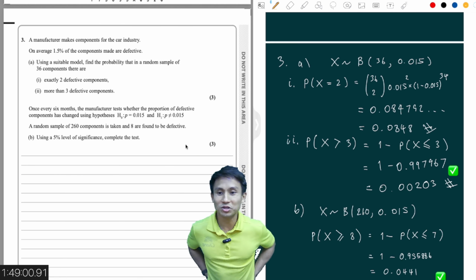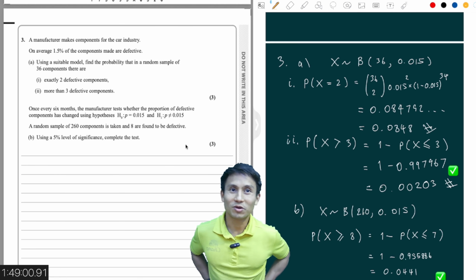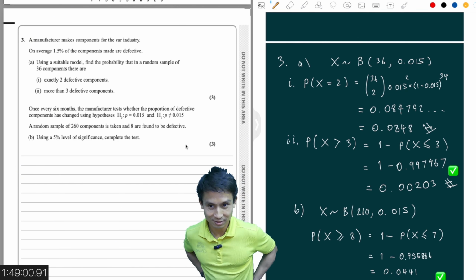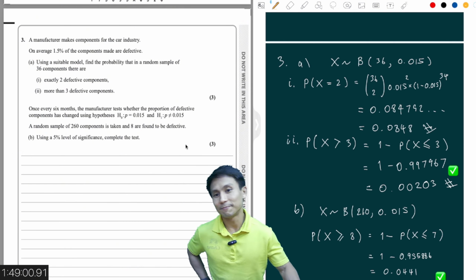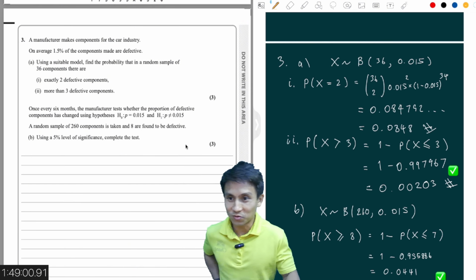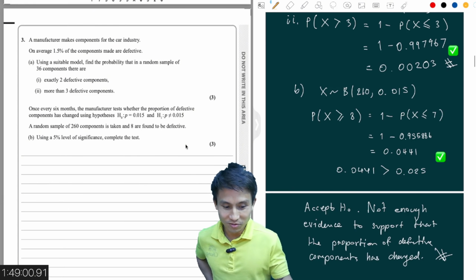Usually approximation is required when the question says so. If it doesn't say, you don't need to. And again, we can use the calculator.